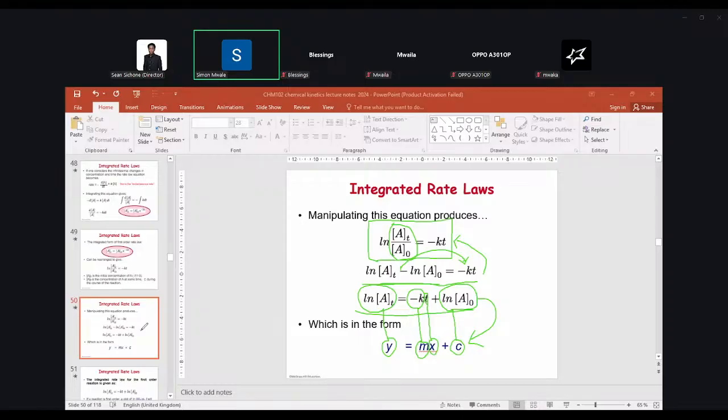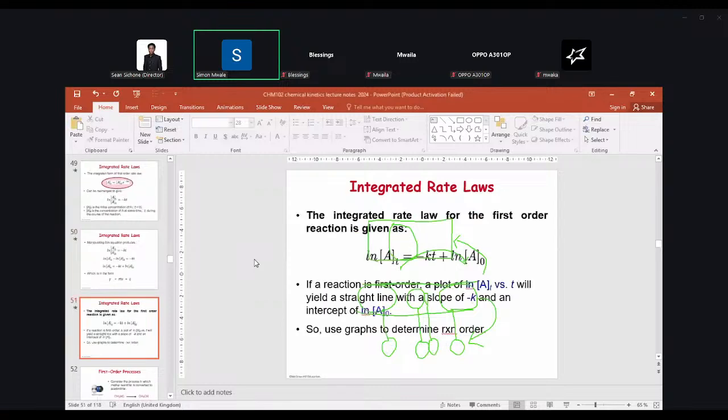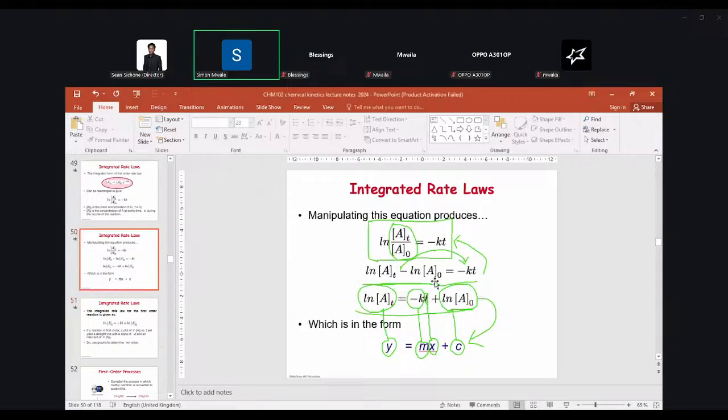So what that means is that if I plot a graph, since this is an equation of a straight line, okay?